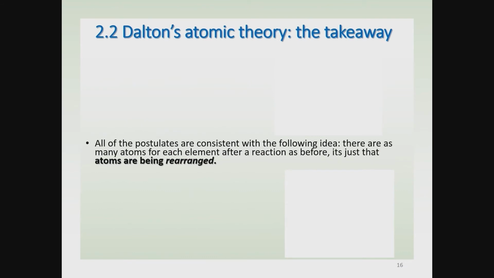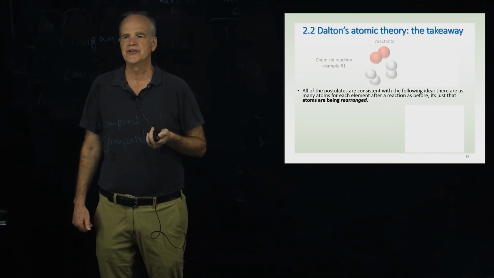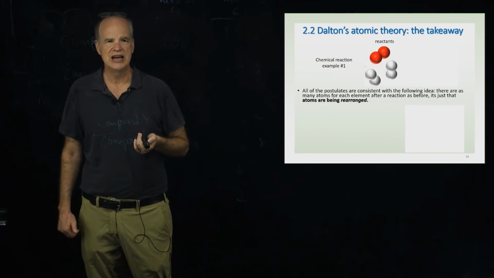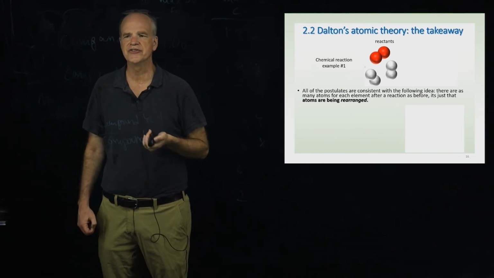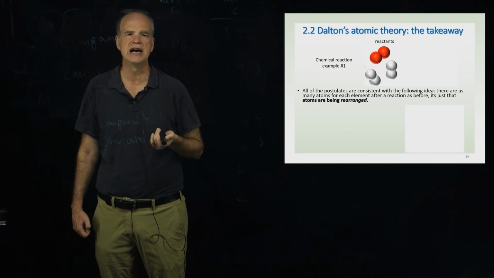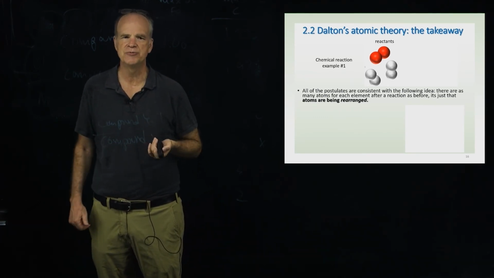Okay, so maybe the last point could be the most important and really helps you understand how chemical reactions work. So let me give you an example here. Here we have an example of some gases. We have oxygen in red, and you can see one molecule of oxygen has two oxygen atoms bound together.